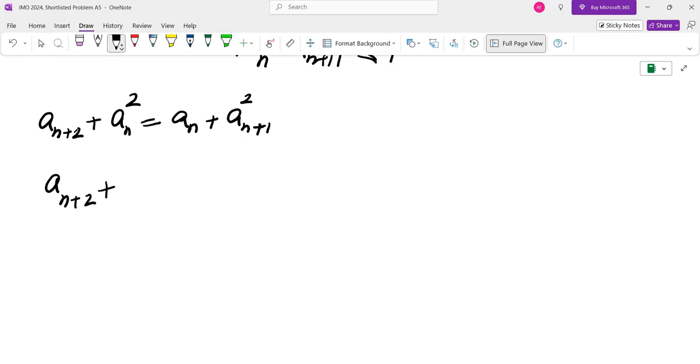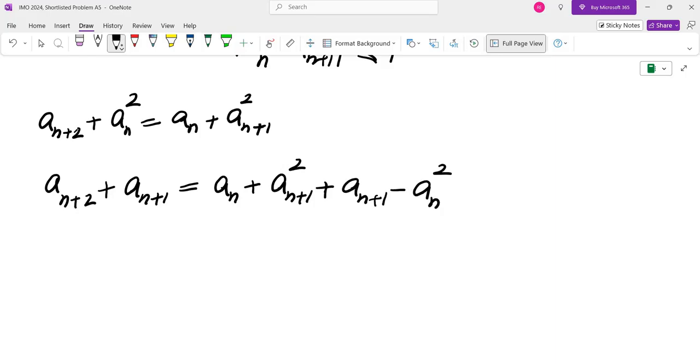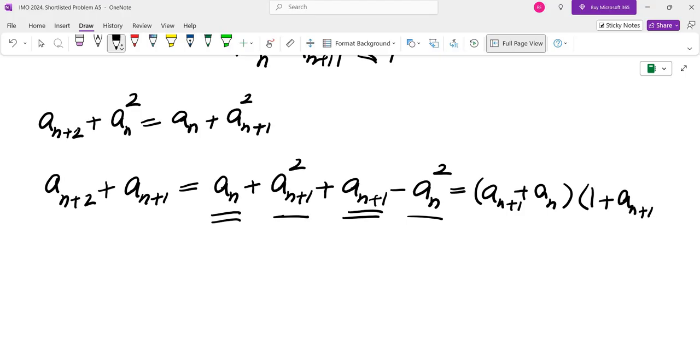So I get a_{n+2} plus a_{n+1} is equal to a_n plus a_{n+1} squared plus a_{n+1} minus a_n squared. So this becomes a_{n+1} minus a_n times a_{n+1} plus a_n, and these two terms have a factor of a_{n+1} plus a_n.